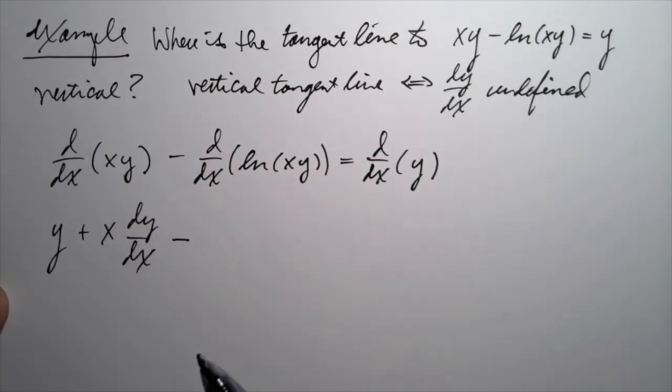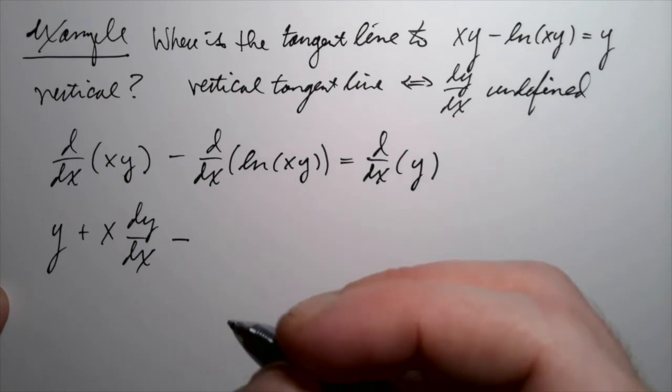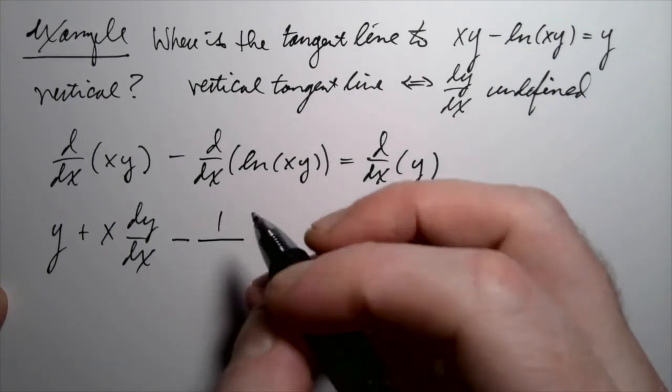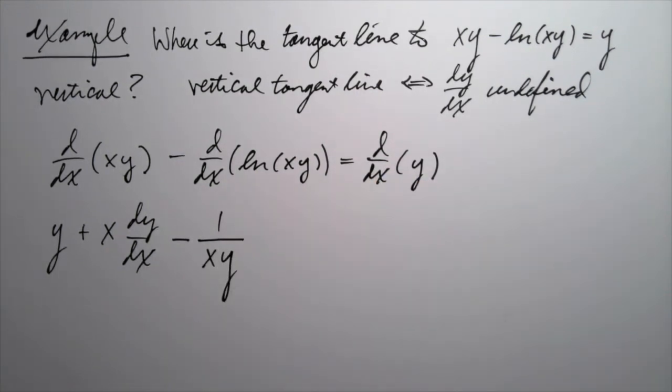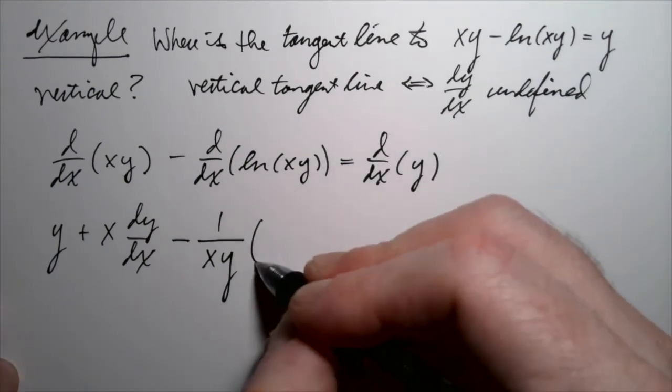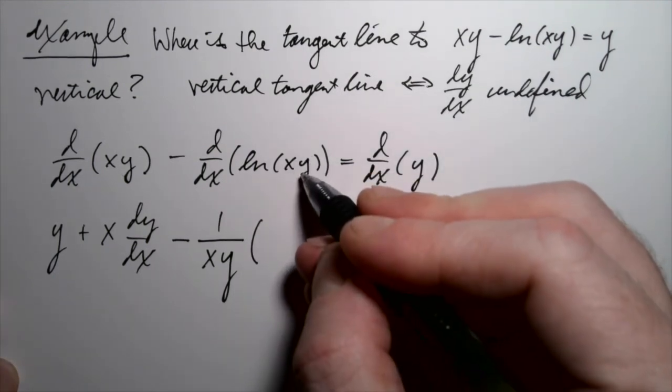Okay, next up, the derivative of natural log of xy. That's a little more complicated. Using the chain rule, the derivative of the outside function is just going to be 1 over xy. That's because the derivative of natural log is just 1 over whatever the input is. But then we need to multiply by the derivative of the inside function xy.